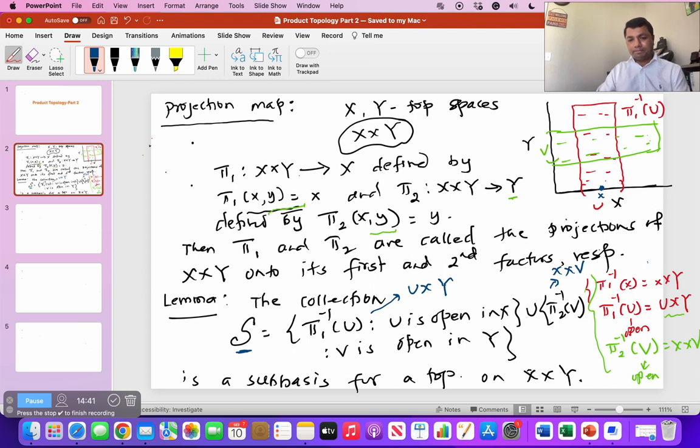To find the elements of this collection, you take an open set in x. Basically, an open set in x means every element in the topology on x. So you just take the Cartesian product of y with each element of the topology on x.